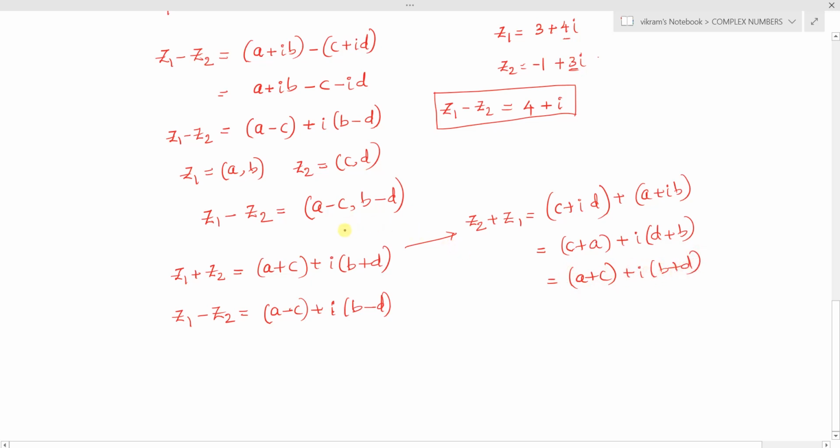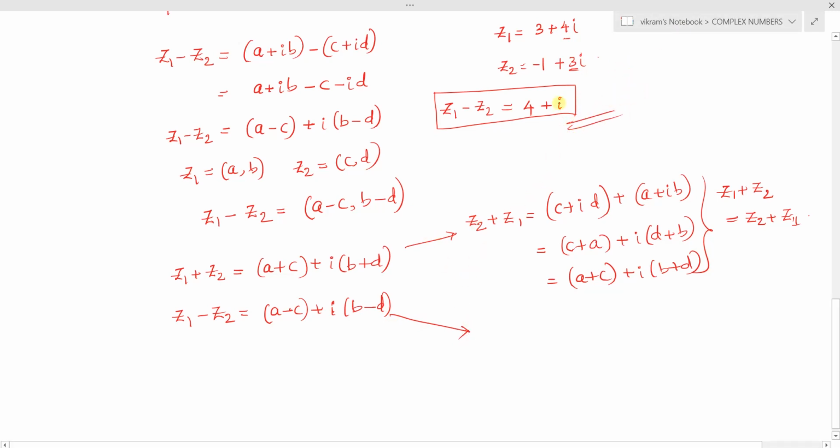Okay, from this one we can conclude that z1 plus z2 is equal to z2 plus z1.